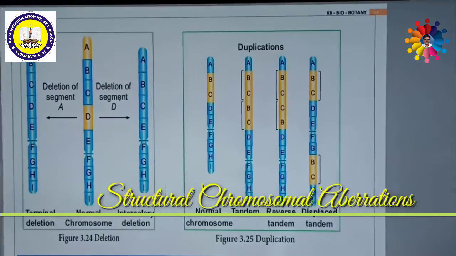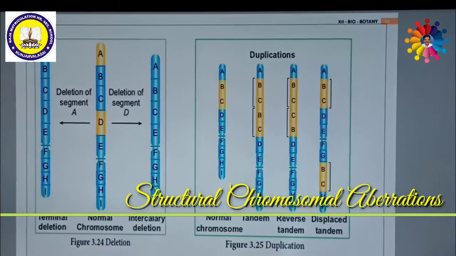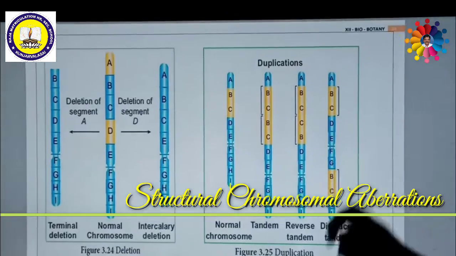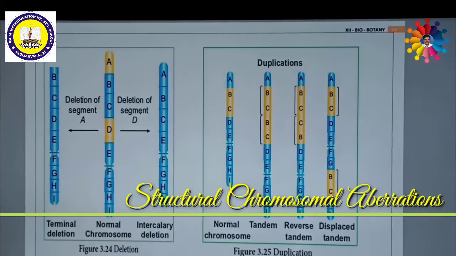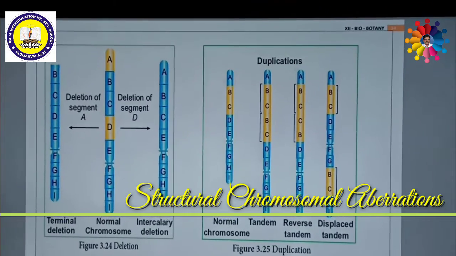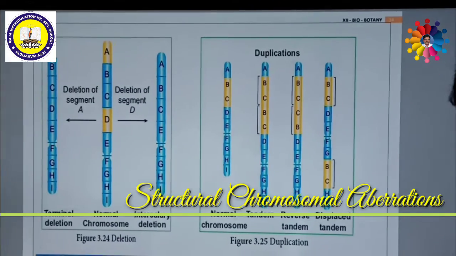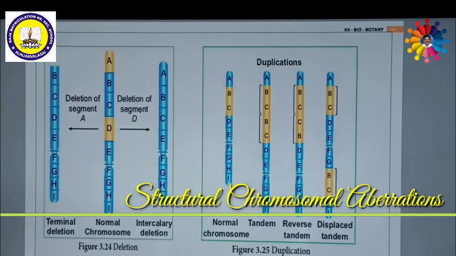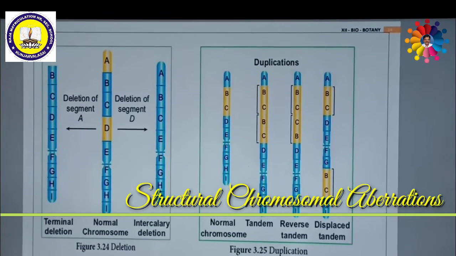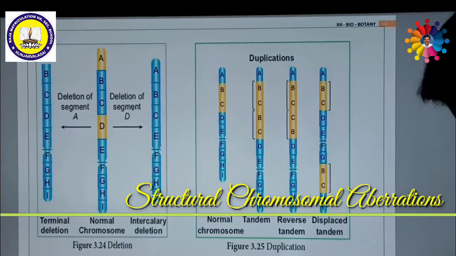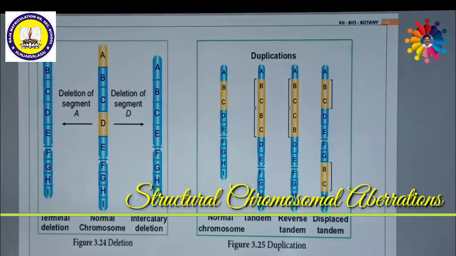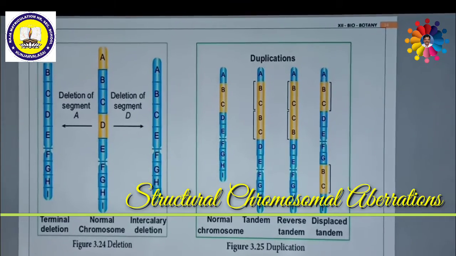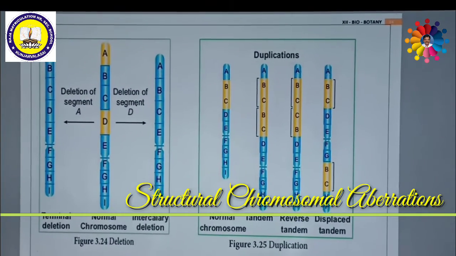Now we are going to discuss chromosomal mutation or chromosomal aberration in structure. This is also called structural chromosomal mutation. It is broadly divided into 4 different types, namely deletion, duplication, inversion, and translocation. Deletion comes under changes in the number of gene loci.